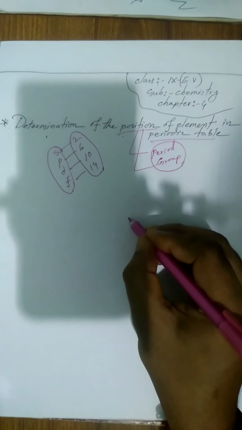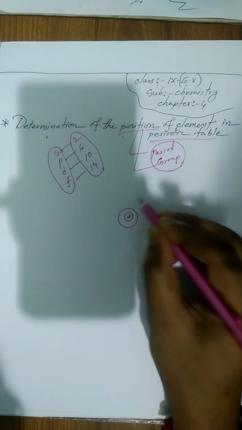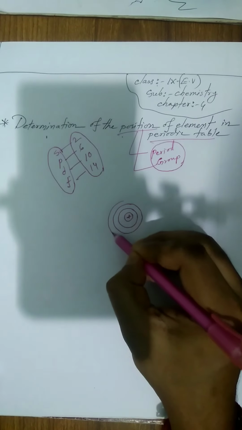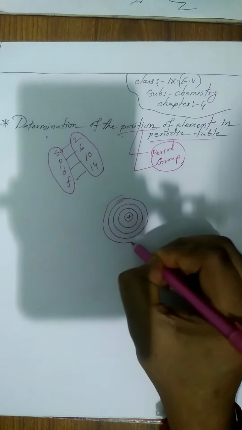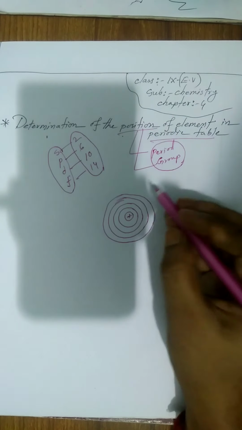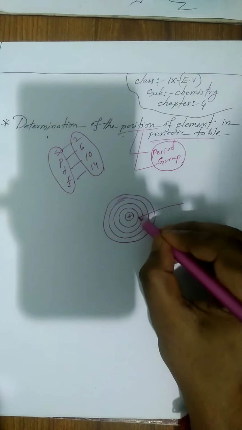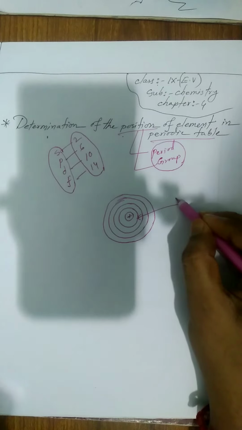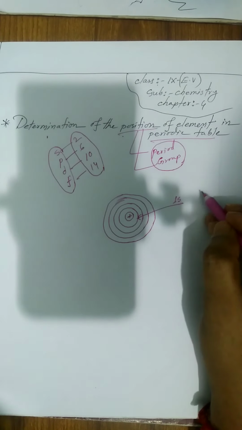if we see the orbit figure, this is the nucleus, this is the first orbit, this is the second orbit, this is the third orbit, this is the fourth orbit. In the first orbit there is only one orbital, the 1s orbital.